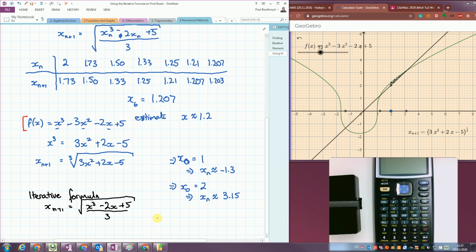So I'm going to rearrange this by squaring both sides first. x squared is x cubed minus 2x plus 5 all over 3, and then if I think about multiplying that up as well, I now know which term they were using to choose their iterative function.